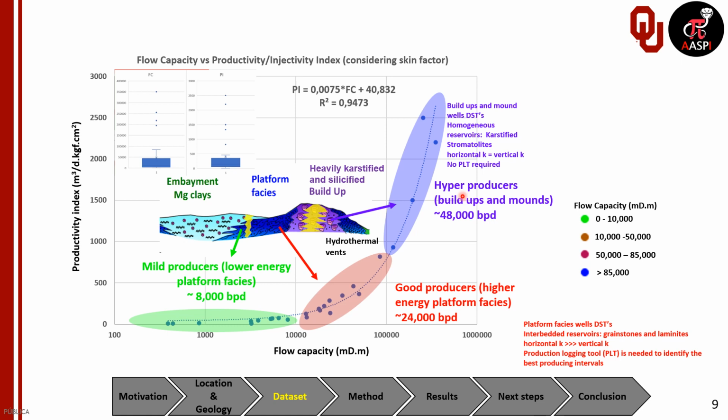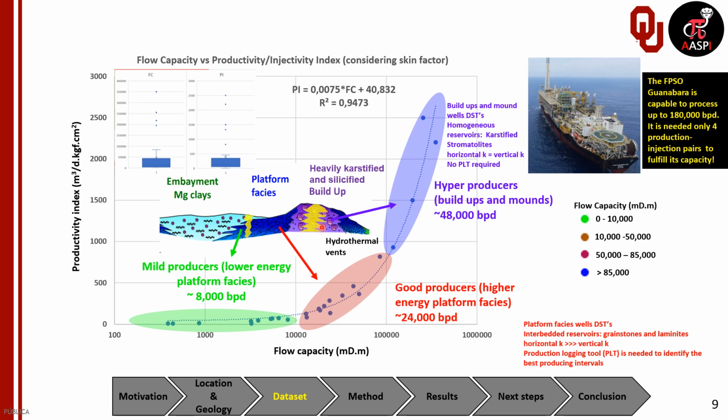And as they are very highly horizontally and vertically connected reservoirs related to the buildups, with vertical wells we can have flow rates as high as close to 50,000 barrels per day. For instance, this is the production system.